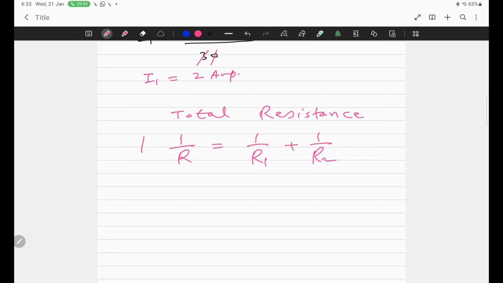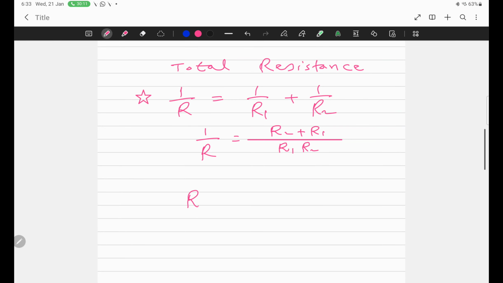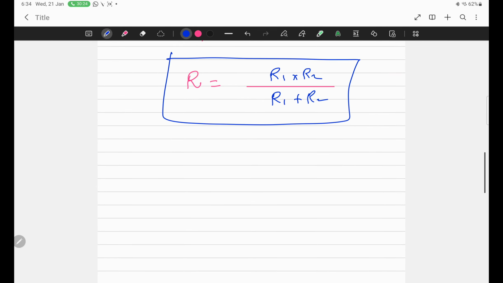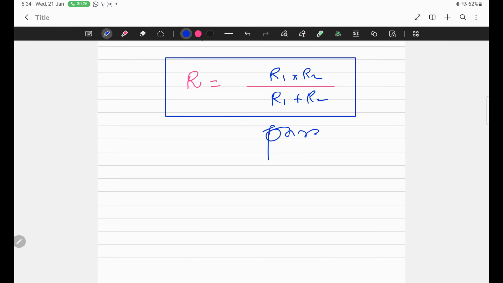But I do not use this formula. Sir, why? Because it takes a long method. If you take LCM and after taking LCM, if you reciprocal this equation, then I like to use this formula, in which I say again and again, sir, if you are calculating total resistance of parallel, this formula is only valid for two resistors.